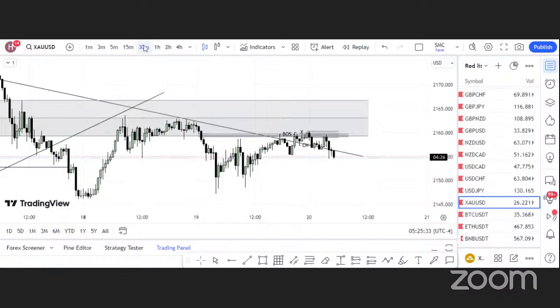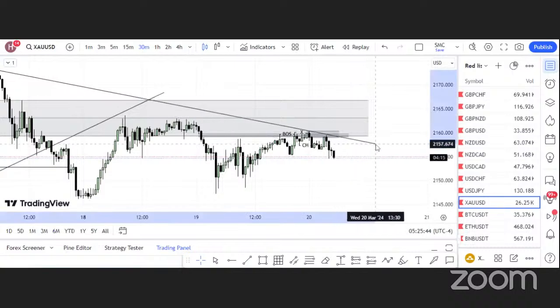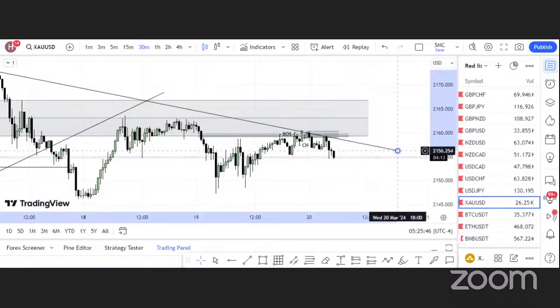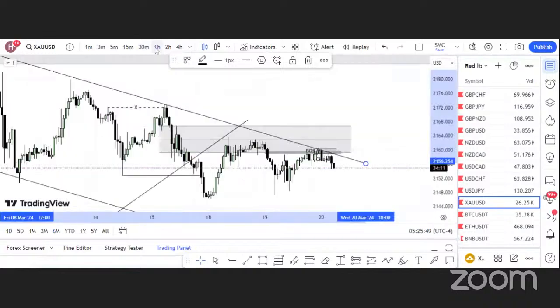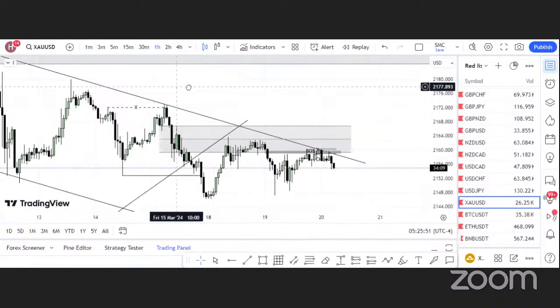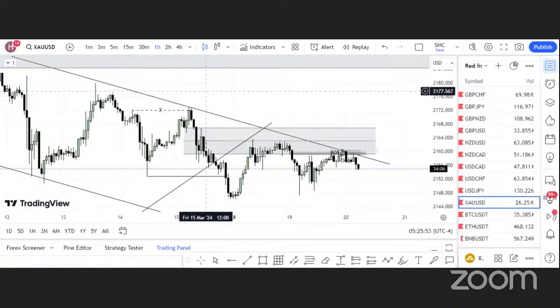So as you can see on the 1 hour time frame, though the candle hasn't closed yet, it seems like the market is going to continue to go down. The gold market is going to continue in the bearish move.